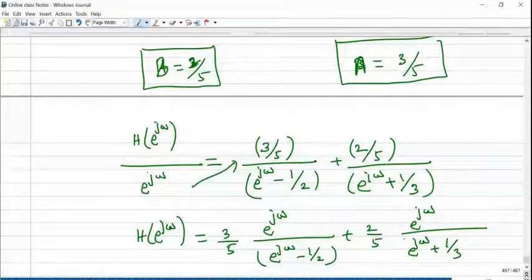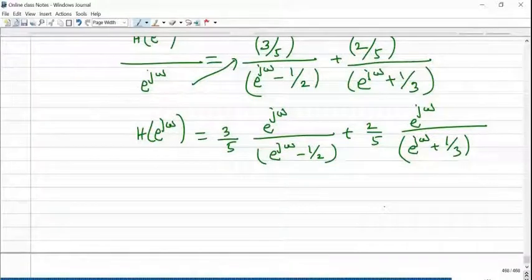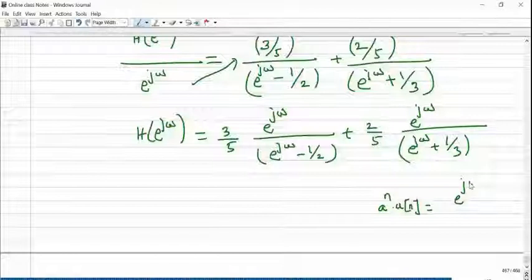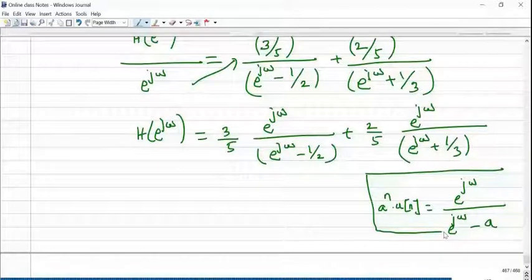Now impulse response, h of n from H of e power j omega. Remember the formula: a power n u of n. The result is e power j omega divided by e power j omega minus a. Let us assume this is equation number 3.